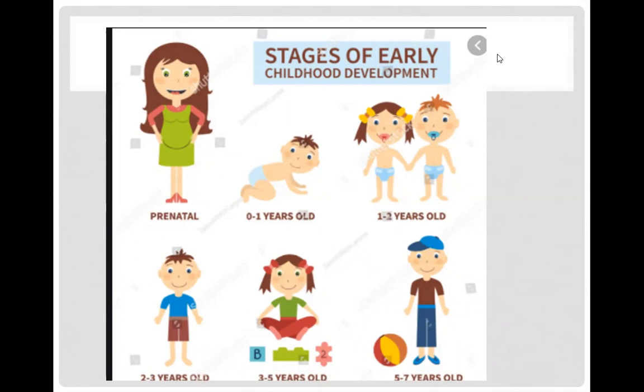Full stop. This zygote, which begins as a single cell, starts multiplying rapidly and begins cell division.